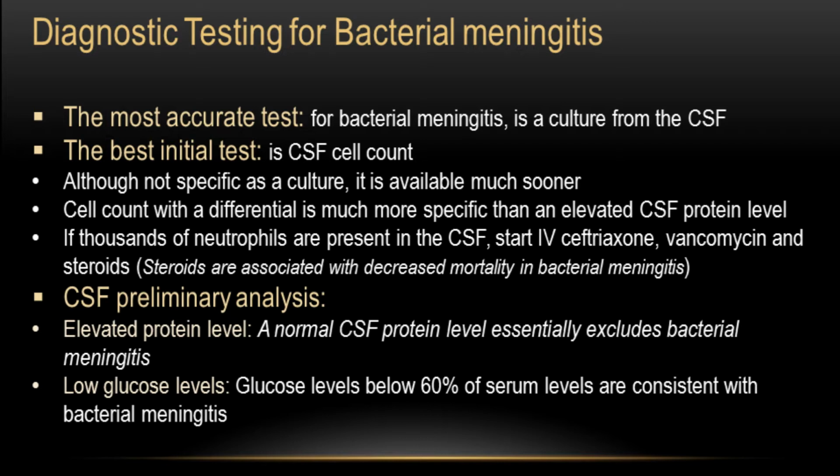They are living organisms very rich in proteins. So when you have a lot of bacteria in the CSF, you will have a lot of proteins in the CSF. And these bacteria will consume the glucose in the CSF. They are going to be feeding on it, so we get low glucose levels. Elevated proteins, low glucose levels, and more importantly, elevated neutrophils are the CSF findings in bacterial meningitis.